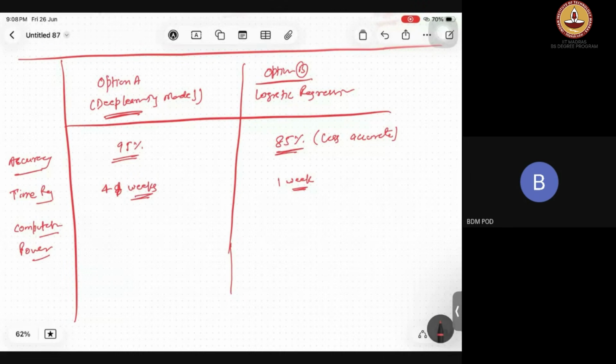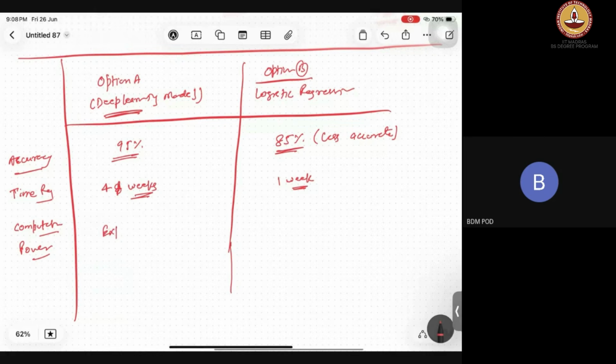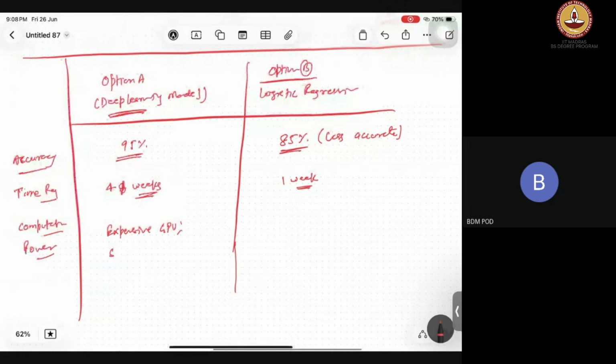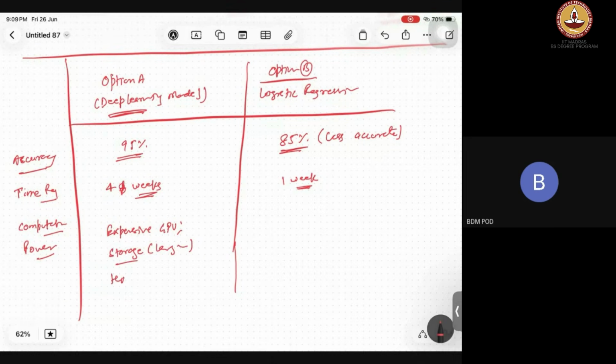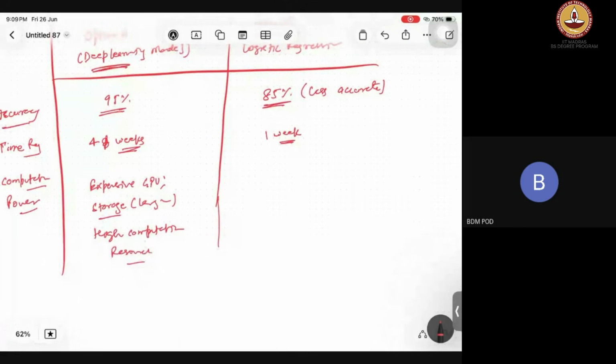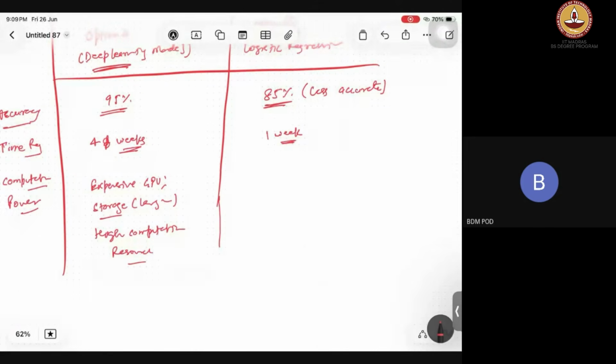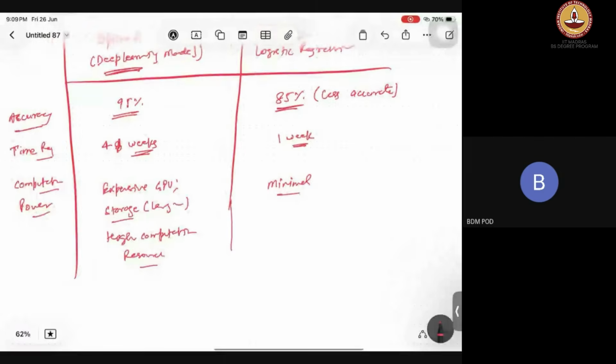For the deep learning model, we need expensive GPU, large storage capacity, and high computational resources. But in this one, we don't need much. We can do it with minimal resources.